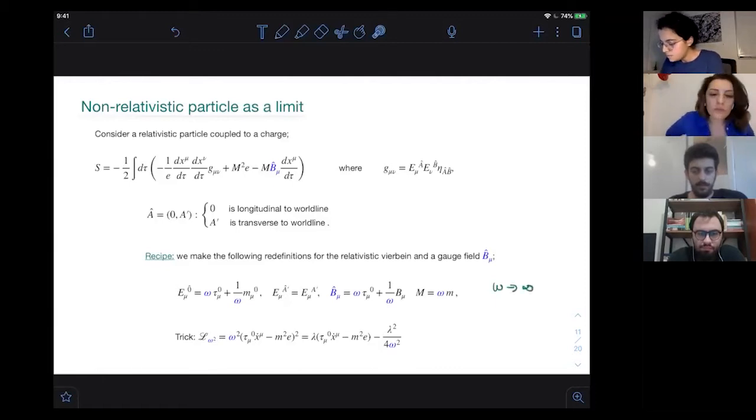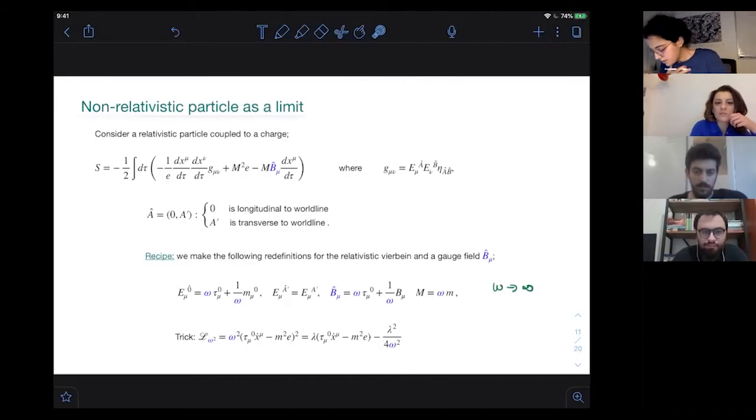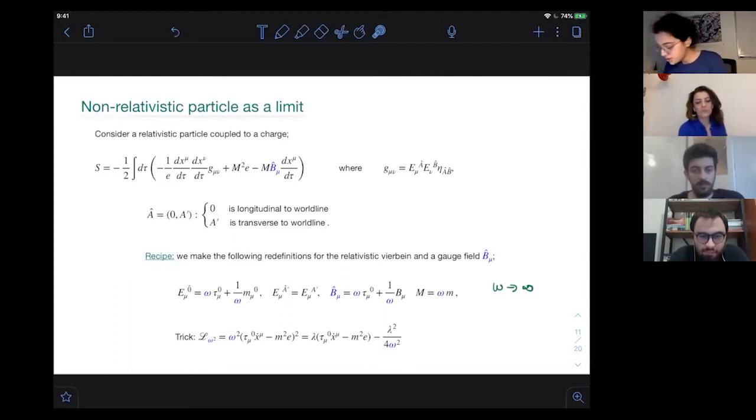When you plug this expansion into the action, unfortunately the work isn't done yet. The reason is that there's a divergent, omega squared Lagrangian, which is the leading part of the Lagrangian when you insert this expansion. However, this divergent term is a square expression.